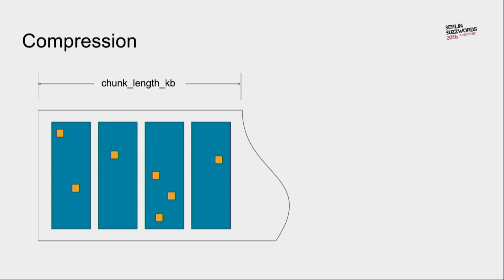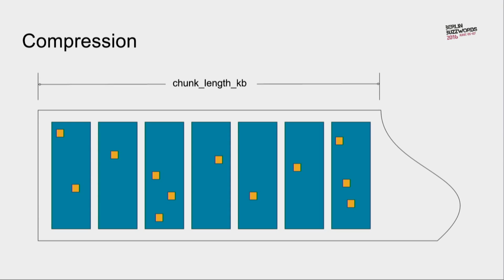So Cassandra gives us this tunable chunk length KB that determines the size of data as it's being streamed off disk that will be given to the compressor implementation. So by widening that chunk length, we're able to find more of that repetition and bring the compression sizes down.